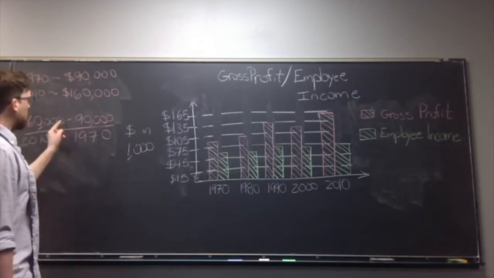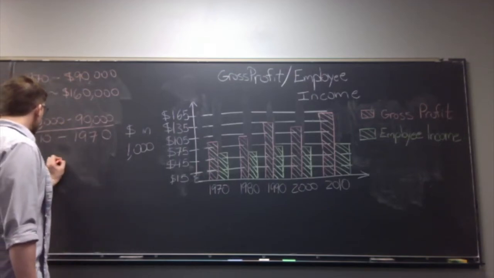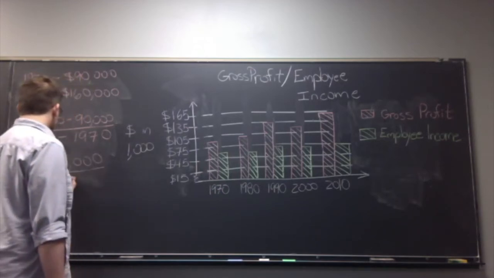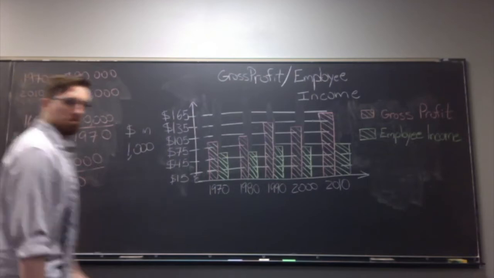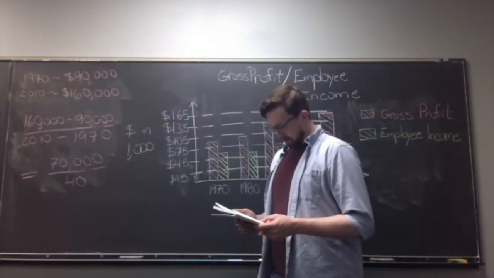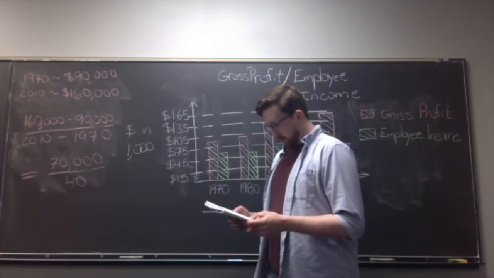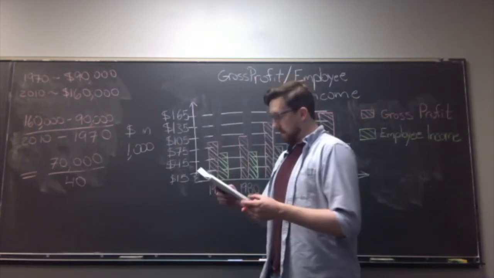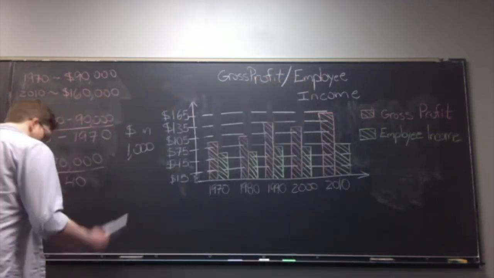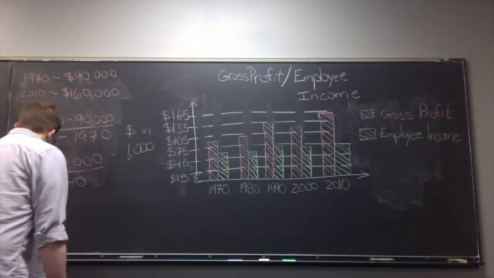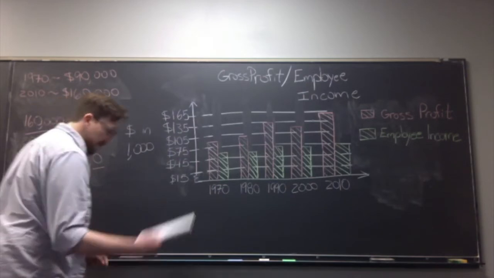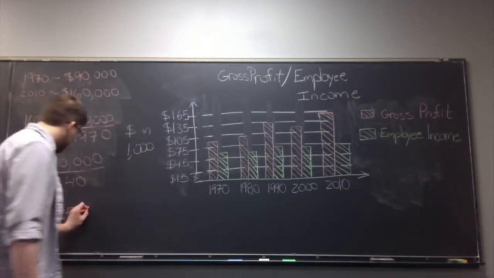This is going to come out to be 70,000 divided by 40. Which, because I've already got it figured out here, comes out to be exactly $2,250, I should say, per year.